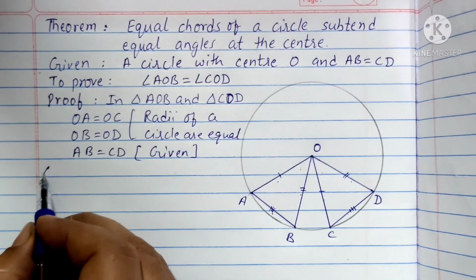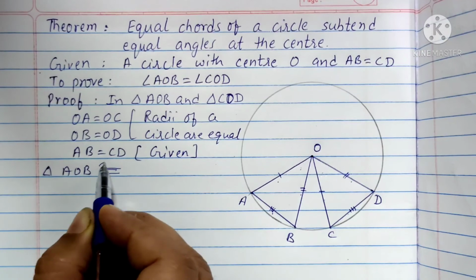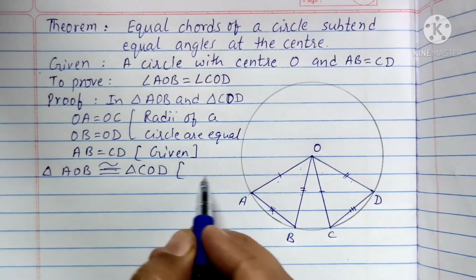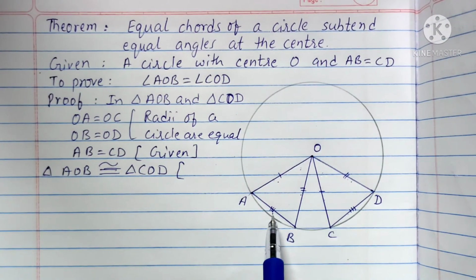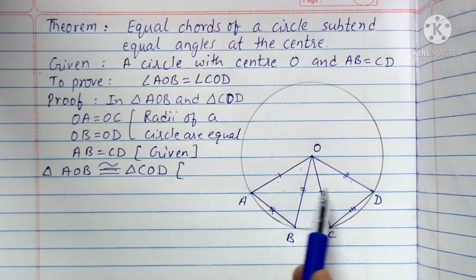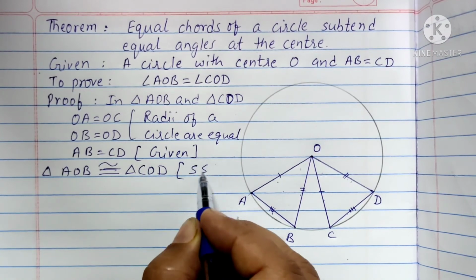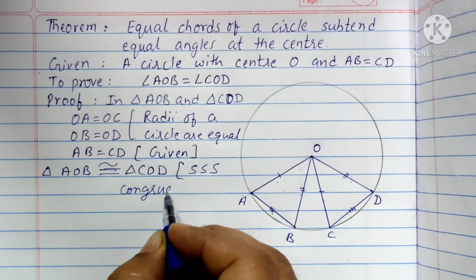So the two triangles are congruent by the rule that is known as SSS, because this side is equal to this side, and the chord AB is equal to chord CD. So these two triangles are congruent by the SSS congruence rule.